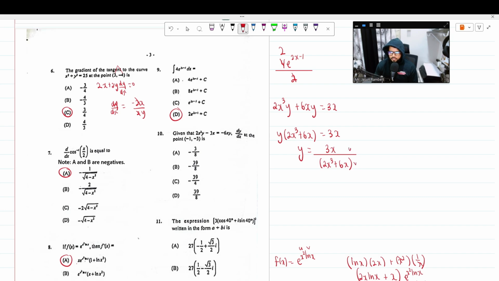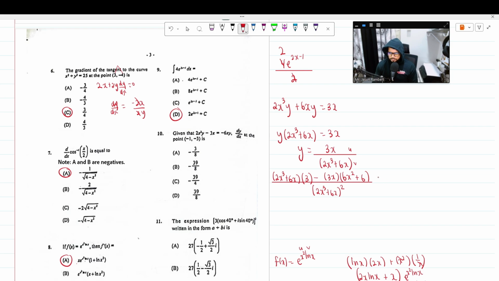Using the quotient rule, with v and u, it is going to be v, 2x cubed plus 6x, by du dx, minus u by dv dx, where dv dx is going to be 6x squared plus 6, all over v squared, which is 2x cubed plus 6x all squared.